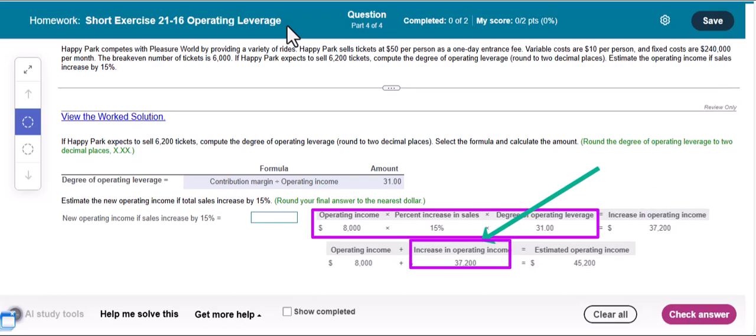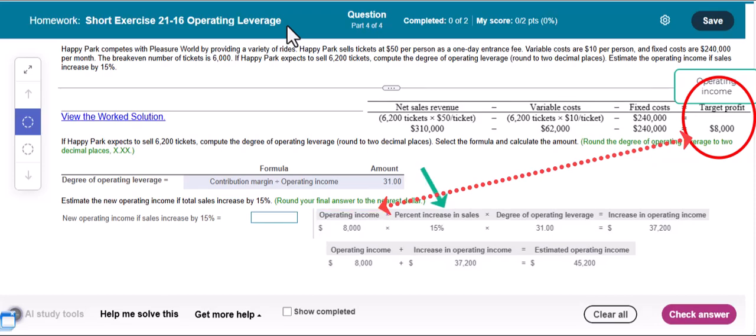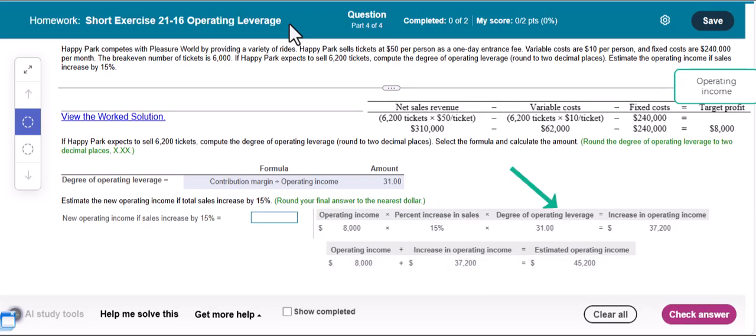So where did we get this operating income? We got it from up here. We multiplied that by 15%, percentage change in sales, and multiply it by our operating leverage of 31. And then we get an increase in operating income of 37,200.